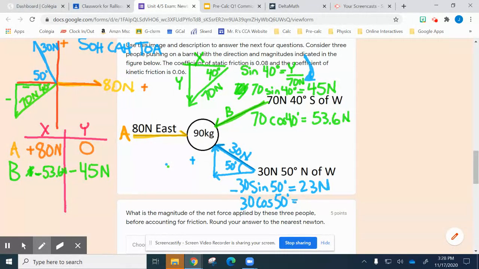That's going to give us 19.3. So again, make sure you're watching the signs. Just look up here, and we notice that this one is positive in the y direction, but still negative in the x direction. So it's got a positive y of 23 newtons and a negative x of 19.3 newtons.